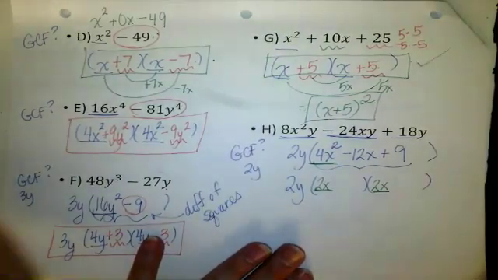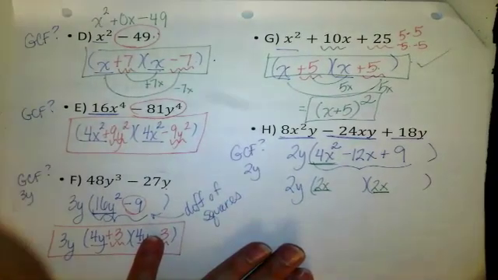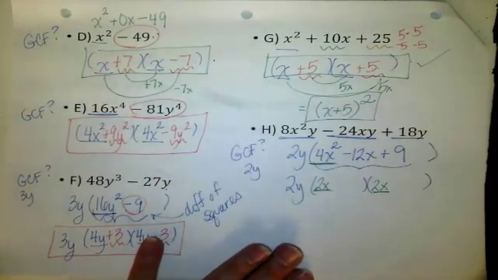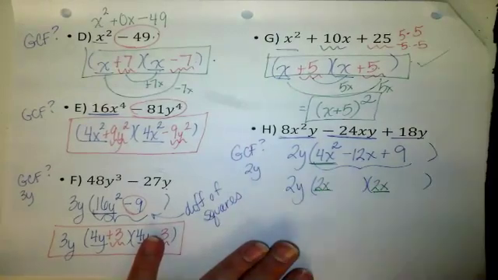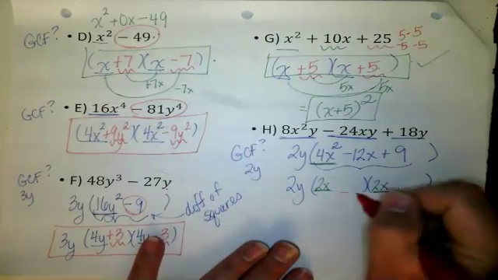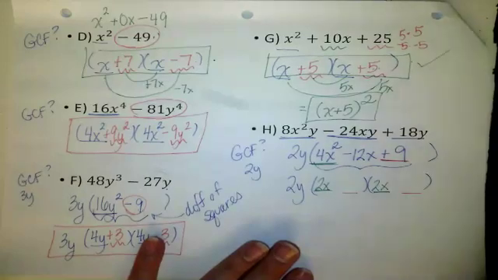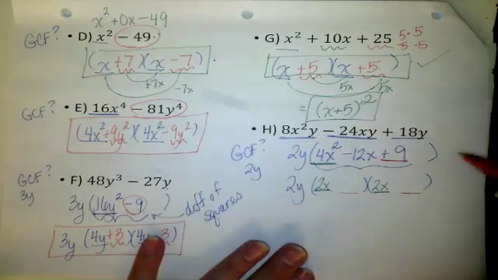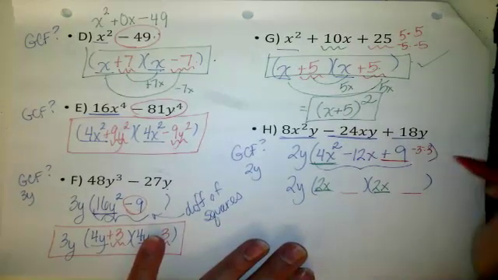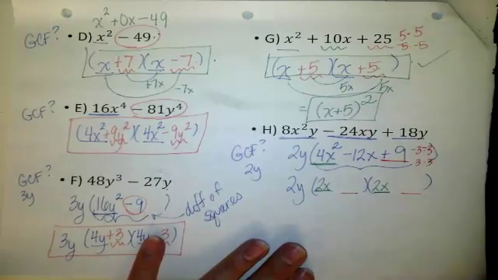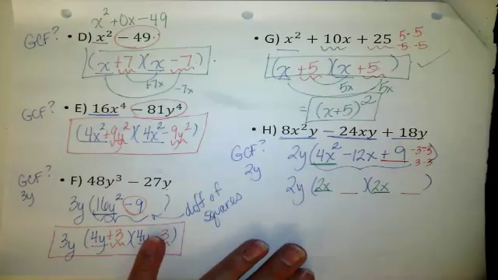Is that the only option? I could have used 4x times 1x, right? But it's a perfect square, so I usually will choose that. And then last times last has to be positive 9. What times what is positive 9? Negative 3 and negative 3, or positive 3 and positive 3. What do you want to try?